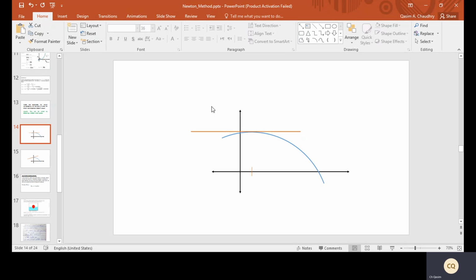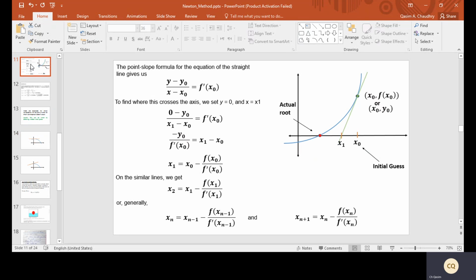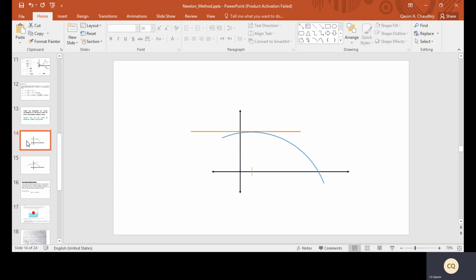In the formula, the derivative comes in the denominator. If the derivative is in the denominator and it is equal to 0, then we get an undefined situation. It means this guess is not a good guess, it is a very poor initial guess, so you should change the initial guess.